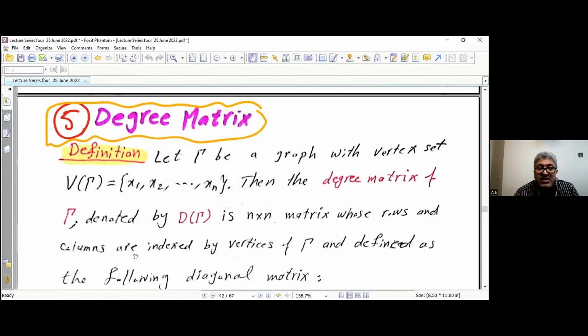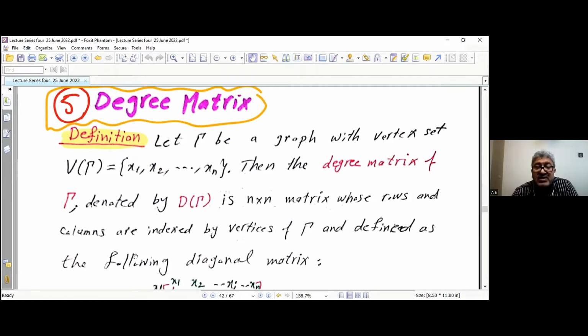Okay, now I'm going to define another matrix associated to a graph, which is the degree matrix. Suppose that gamma is a graph, and the vertex set is x1, x2, ..., xn, so we have n vertices. The degree matrix of gamma is an n times n matrix, so rows and columns are indexed by the vertices of gamma.